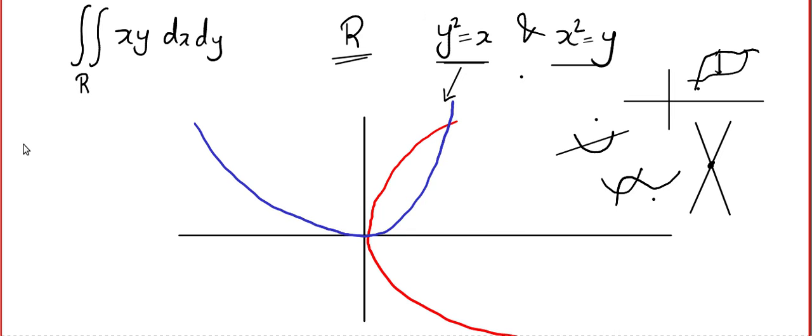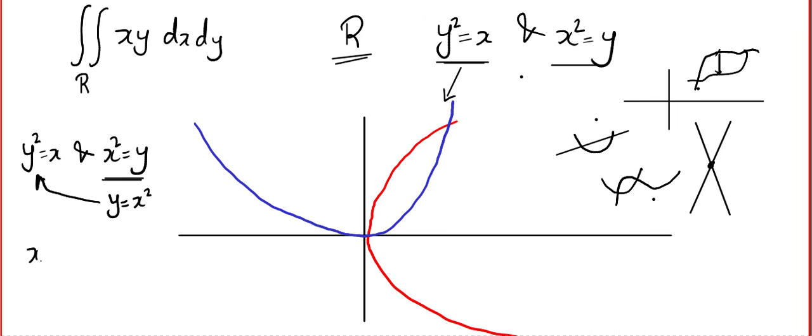Okay, so the equations are y square is equal to x and x square is equal to y. Now look at this. I'm going to eliminate one variable using the second equation. The second equation tells me the value of y is equal to x square, and I'm going to plug in that value over here.